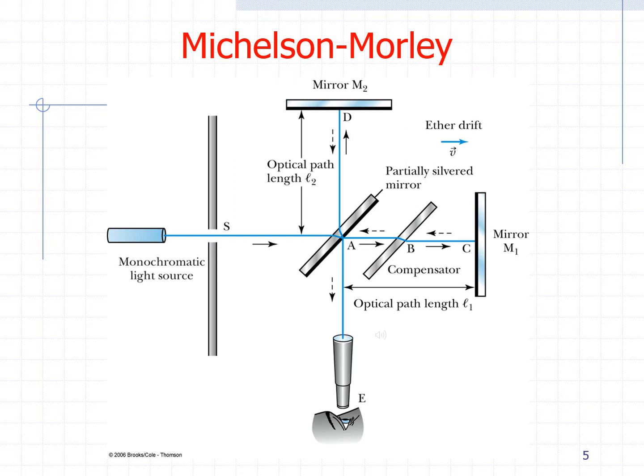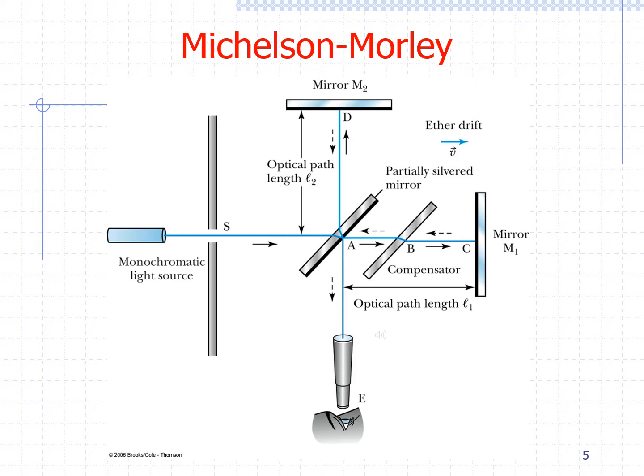Whenever light approaches the partially silvered mirror, some part will go towards the mirror M1, which gets refracted, and some portion of the light will go towards the mirror M2, which gets reflected. It is quite visible from this slide that mirrors M1 and M2 are perpendicular to each other, and the distance from partially silvered mirror A to the mirror M1, its optical path length, is L1, and similarly on the other side from A to mirror M2 is length L2.